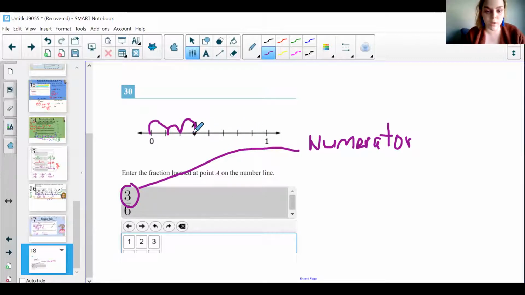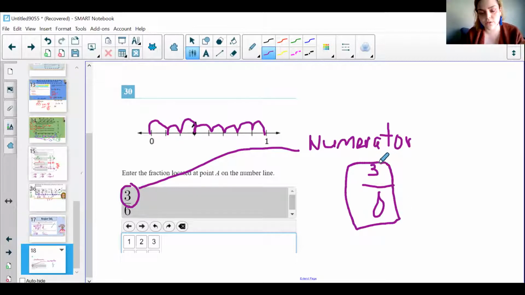There are way more than 6. So I'm going to continue jumping. So that's 4, 5, 6, 7, 8 jumps. In between 0 and 1, there's 8 jumps. And so the denominator really should have been 8s. And so the answer would have been 3/8.